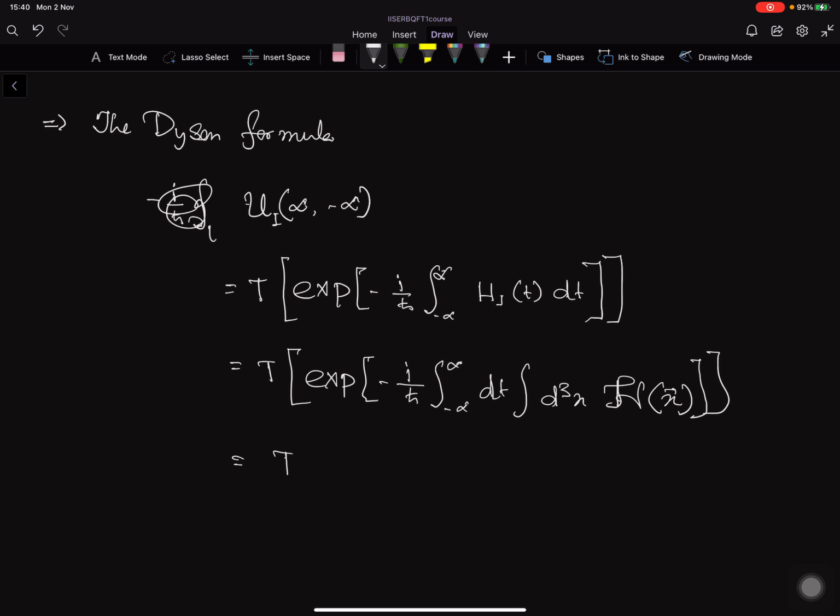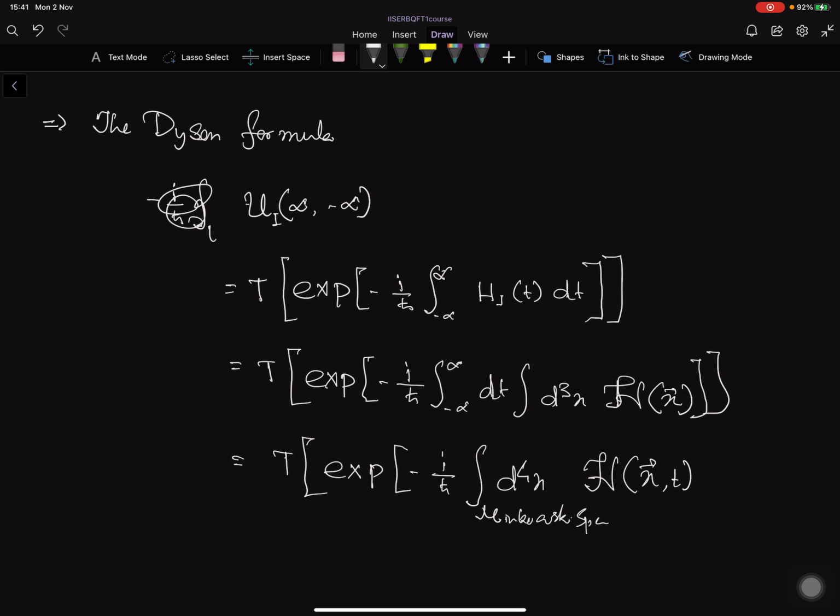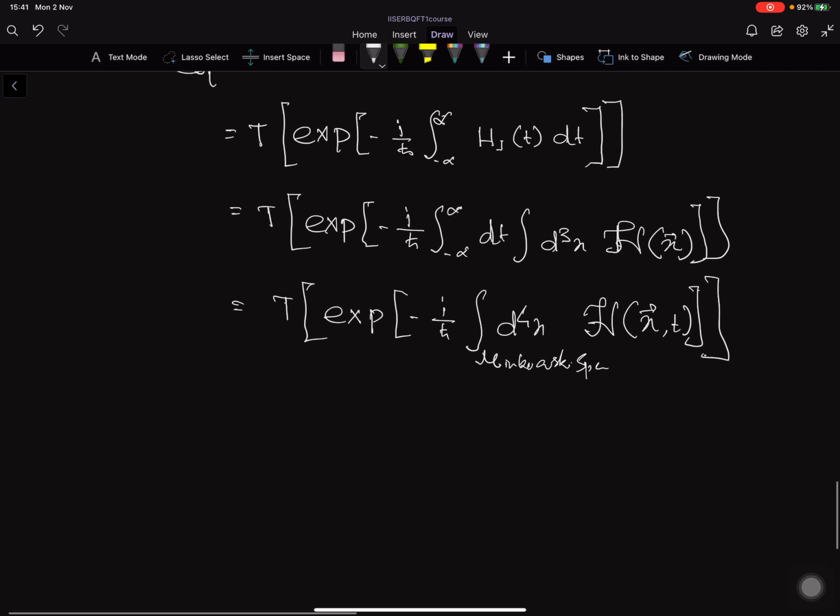This can be combinedly written as exponential of minus i over h bar integral d^4x, where you integrate over the full Minkowski space, of the Hamiltonian density H(x, t). So this is what is special for local quantum fields in 3+1 dimensions.